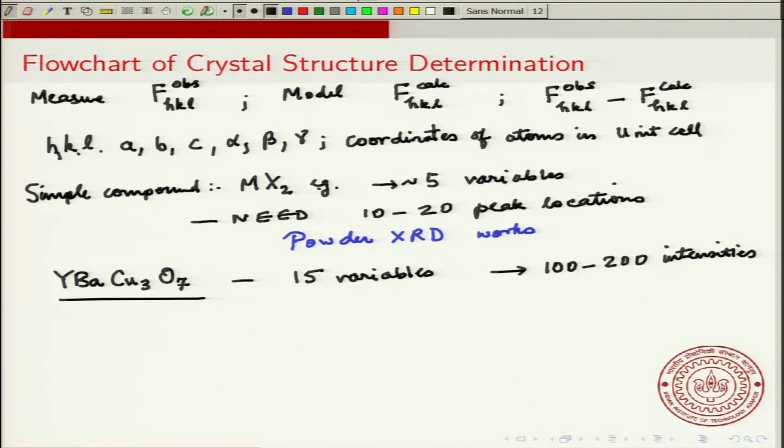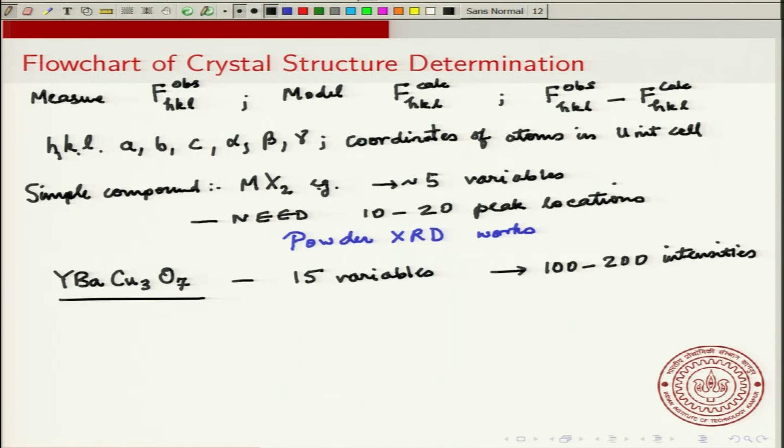Always what is done is you match it with several peaks and then you try to fit them. So always the experimental data is a lot larger than the number of variables, and this is done in order to get accurate values of these variables.